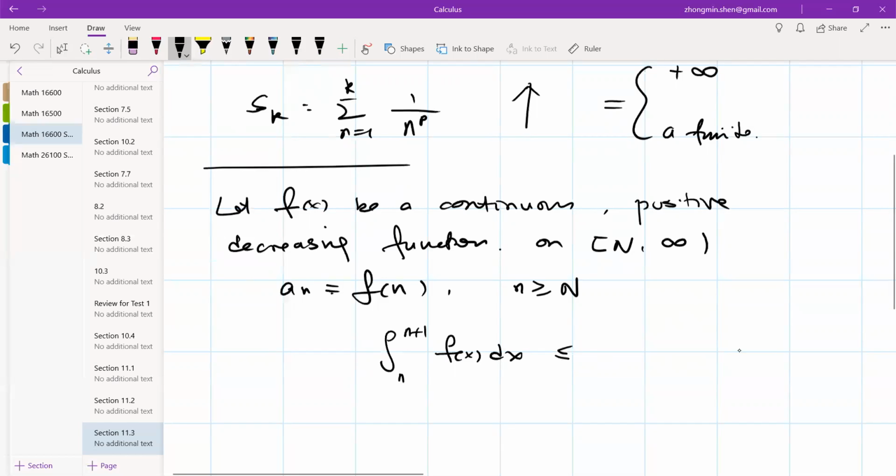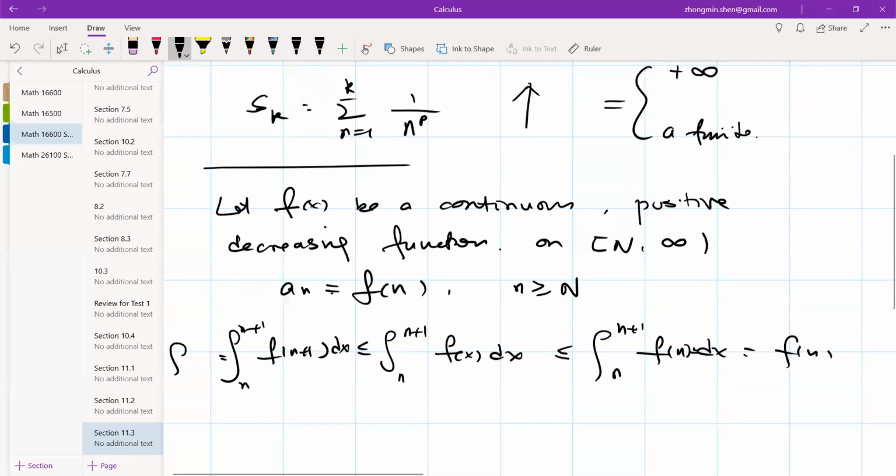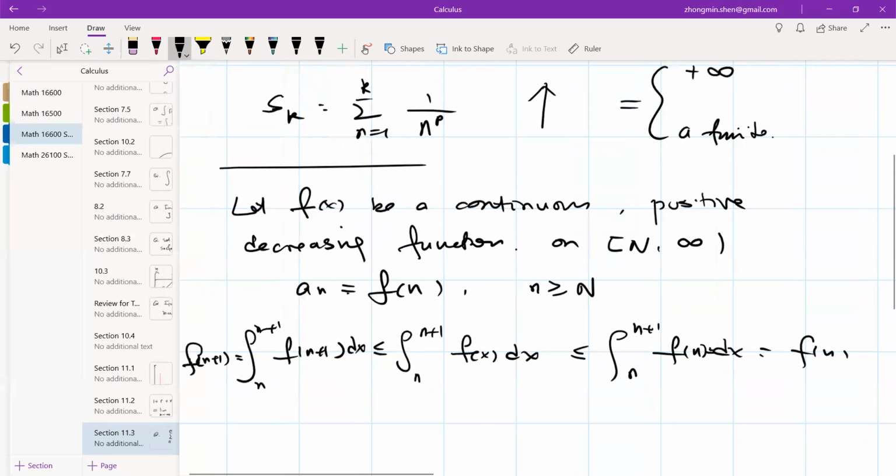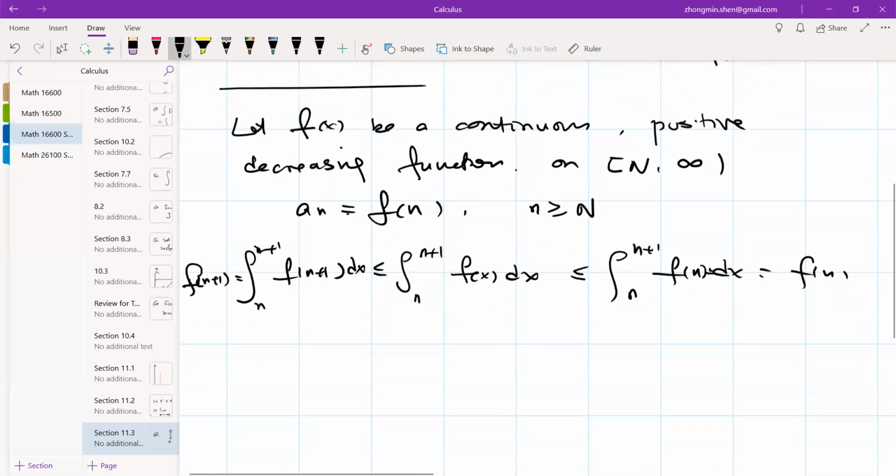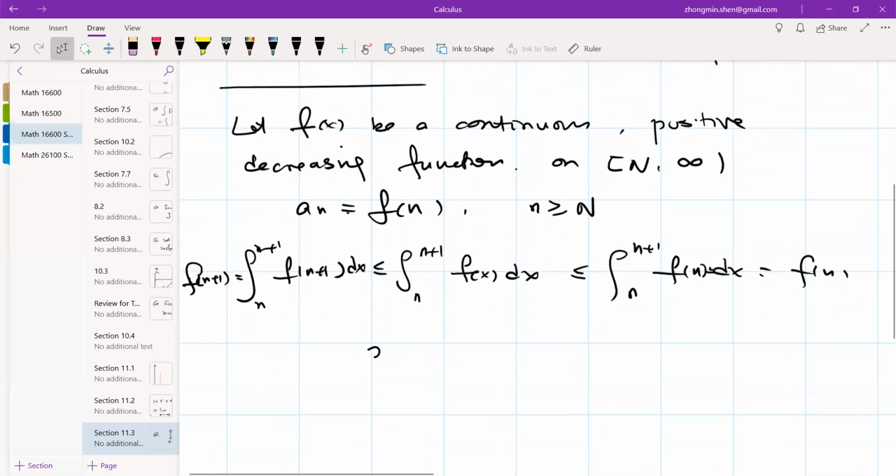Before the integral, since f is decreasing, it's going to be between f(n+1) and f(n), and this is a constant, so the integral is just equal to f(n), or f(n+1). So in other words, the integral of the function is between those two values, great.